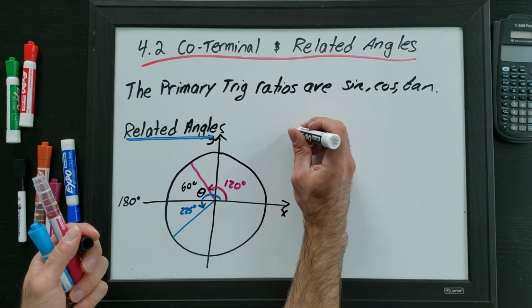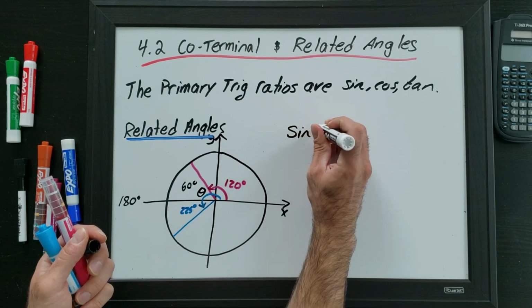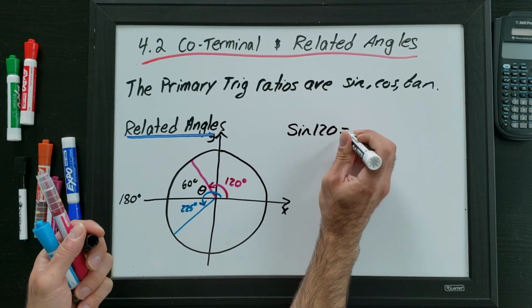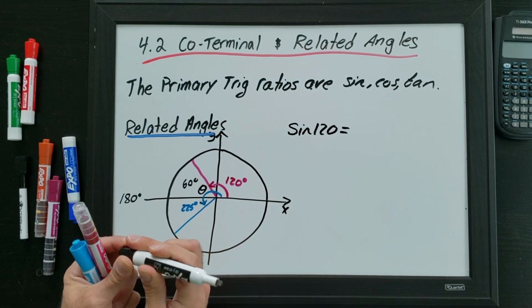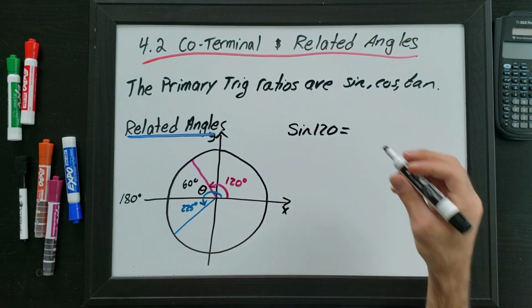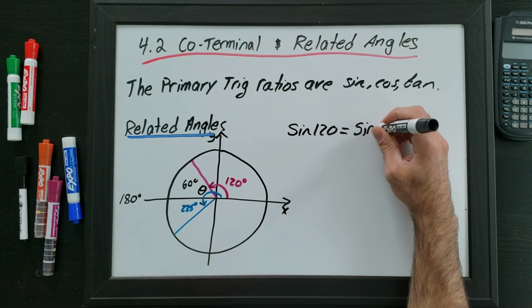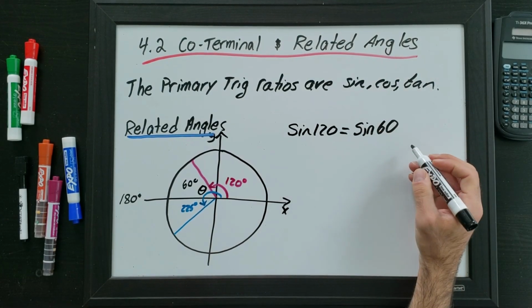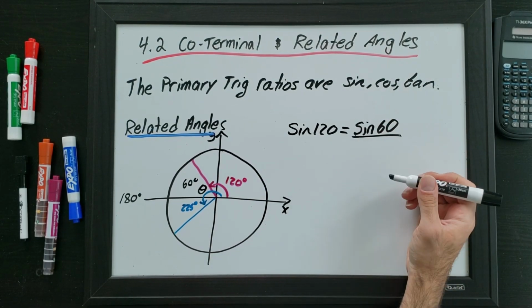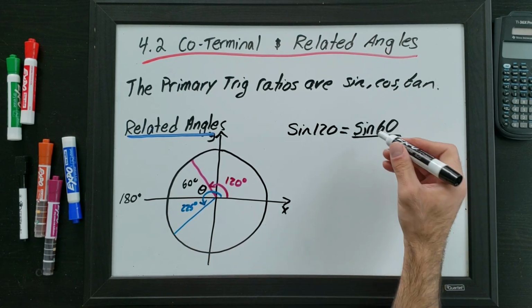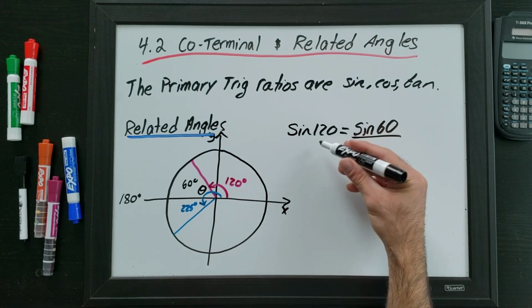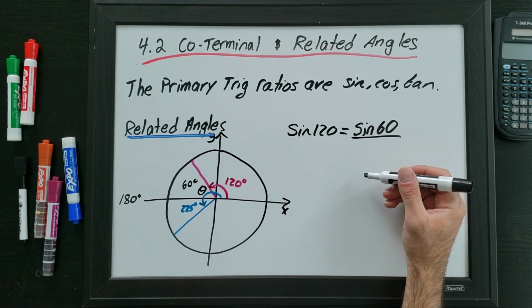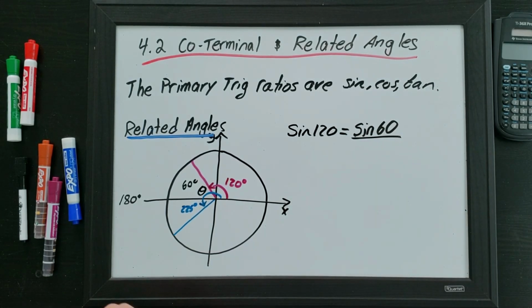So if I had to find sine of 120, I'm not going to use anything obtuse. I'm going to use the acute related angle. The acute related angle is sine of 60. So I know sine of 60 using my special angles from 4.1. I can figure out sine of 60 and apply it to the sine of 120. Okay, these are the same. They are equivalent.